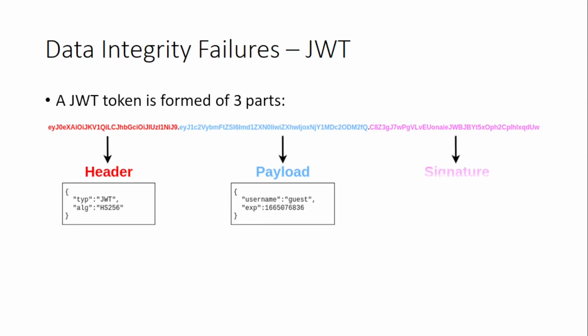And then the signature. So this is similar to a hash taken to verify the payload's integrity. So if we change the payload, the web application can verify that the signature won't match the payload and know that you tampered with the token.